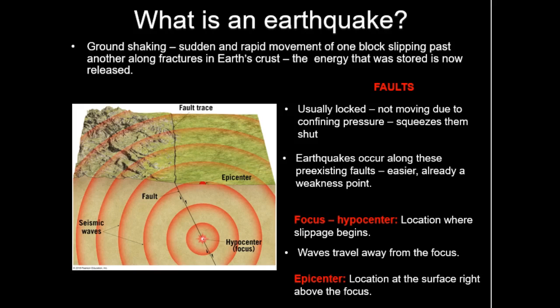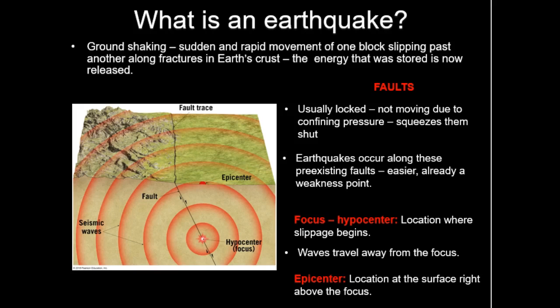So the energy that was stored within the fault, the energy that was building up due to the stresses being applied, is now released through a sudden and rapid movement, which is what an earthquake is. The fractures within the Earth's crust at which the slippage of the two blocks occurs are called faults. Okay, the fractures that typically are some sort of plane, they're called faults.